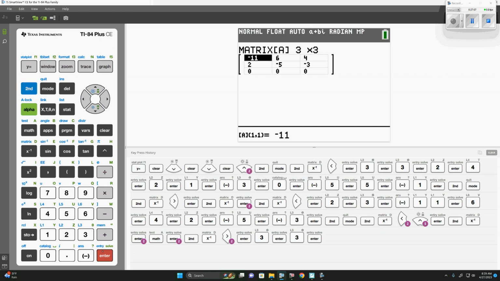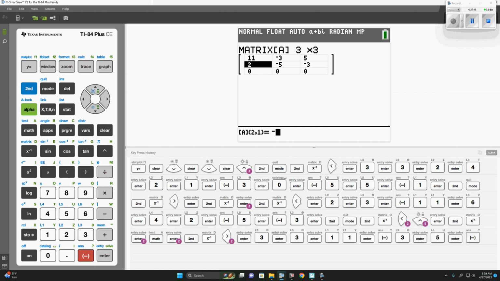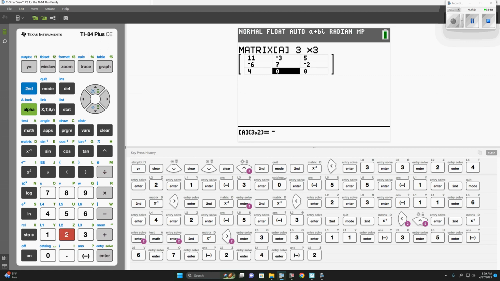So for matrix A, we'd have 11, negative 3, 5. Negative 6, 7, negative 2. 4, negative 2, 3. So we good with the numerator of x.